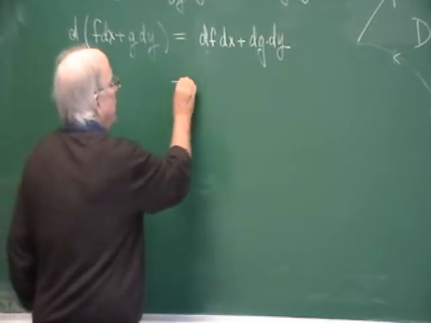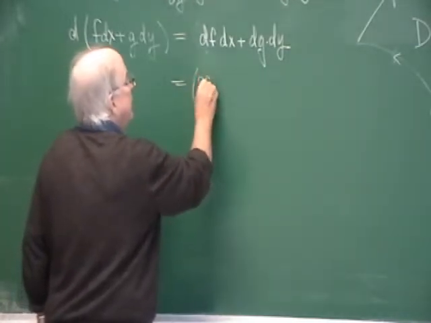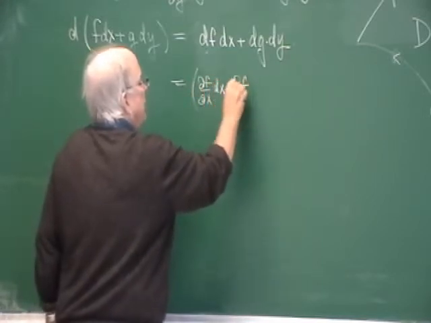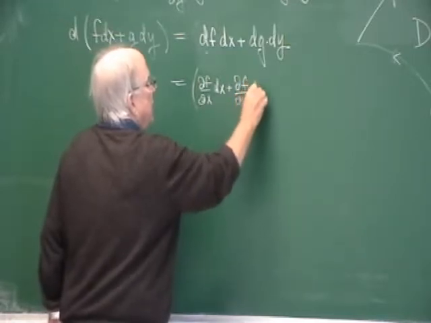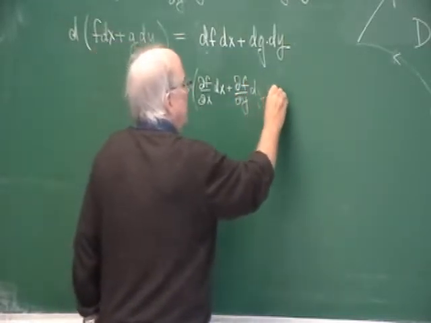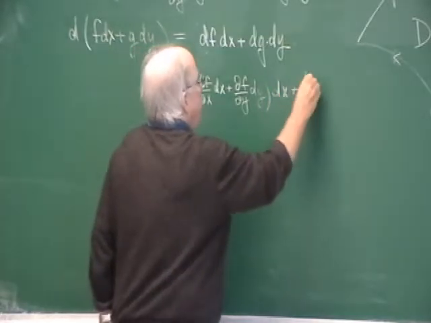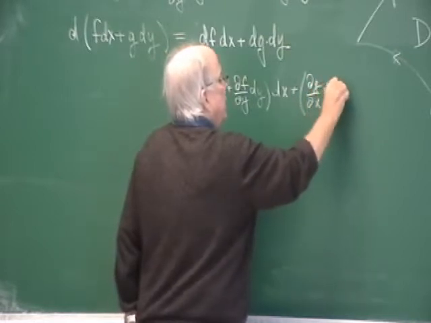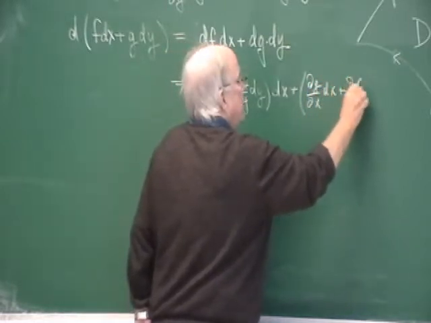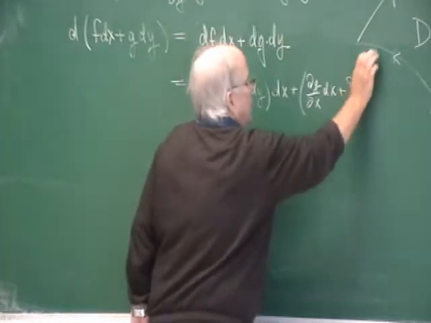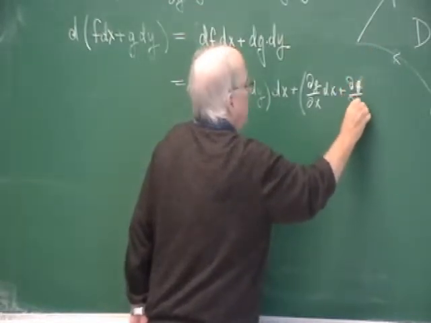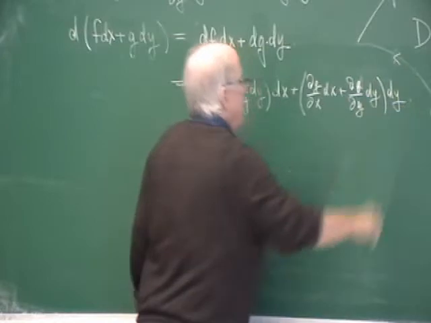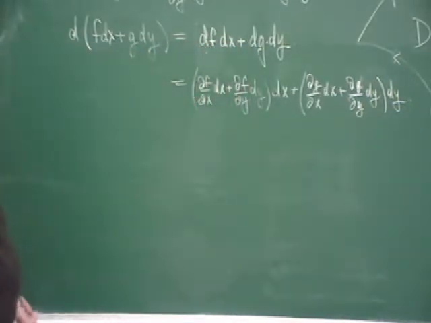and then you do a calculation here. This is the partial of f in x dx plus the partial of f in y dy, dx, plus then you do this thing here, partial of g in x dx plus partial of g in y dy, dy. Okay.